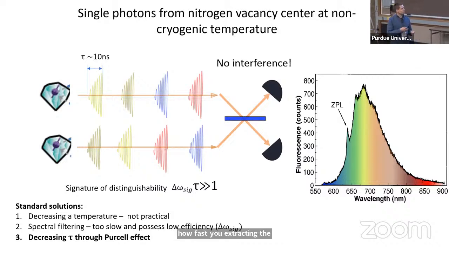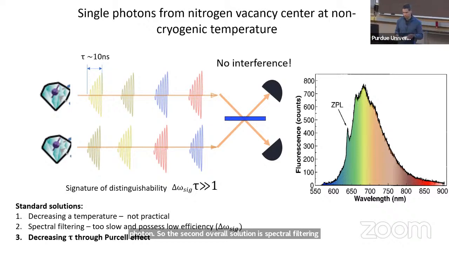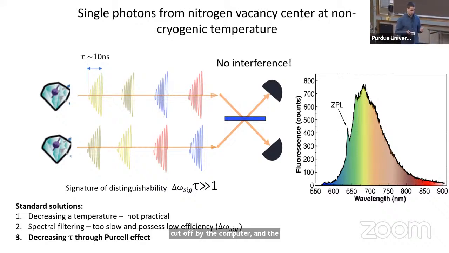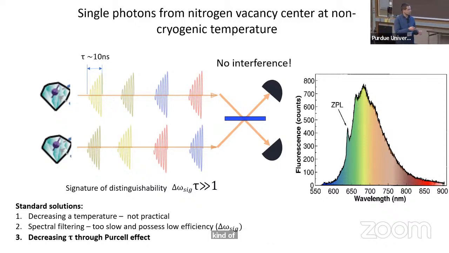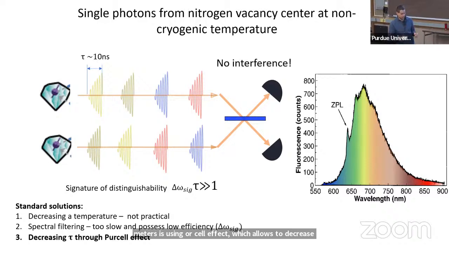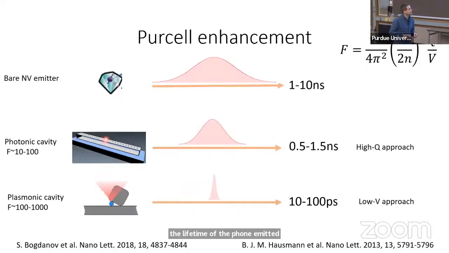The second obvious solution is spectral filtering, but the problem is that the efficiency of this process is very low because most of the photons will be cut off by the filter. And the last, most promising approach, which is widely used and people apply for many kinds of emitters, is using the Purcell effect, which allows decreasing the lifetime of the photon emitted by single photon emitters.